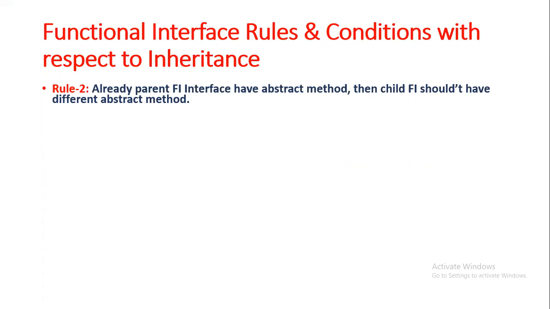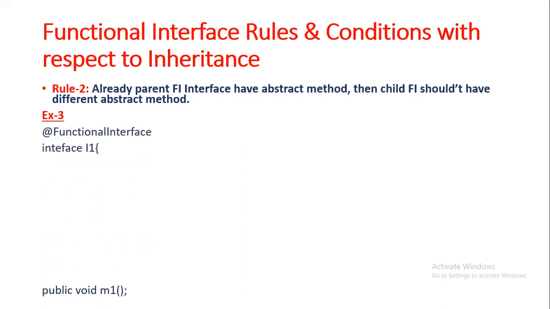Whatever abstract method is there in the parent interface will be available in the child functional interface by default. Then why write a different abstract method? It is different, so it's invalid.